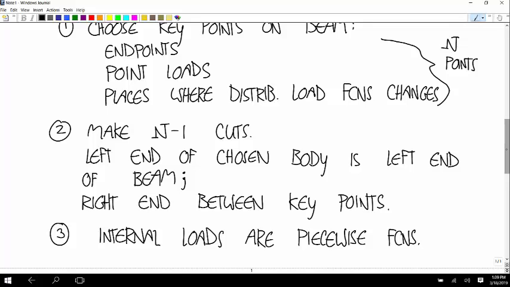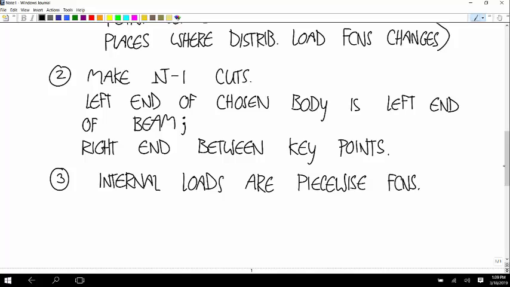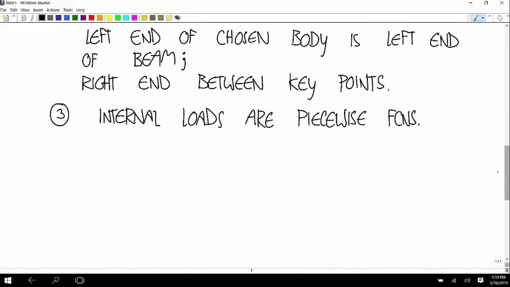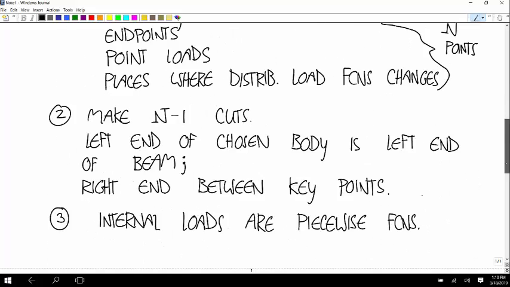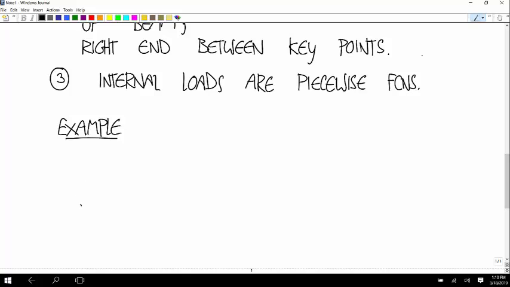Okay, so that kind of explains how to do it generally, but I think the example will make it more clearer. So let's just do an example with the one that I put up here. So here's the beam. There's a roller at the center.